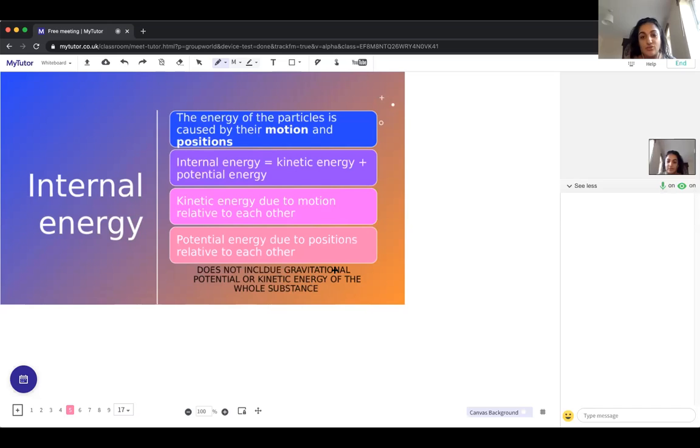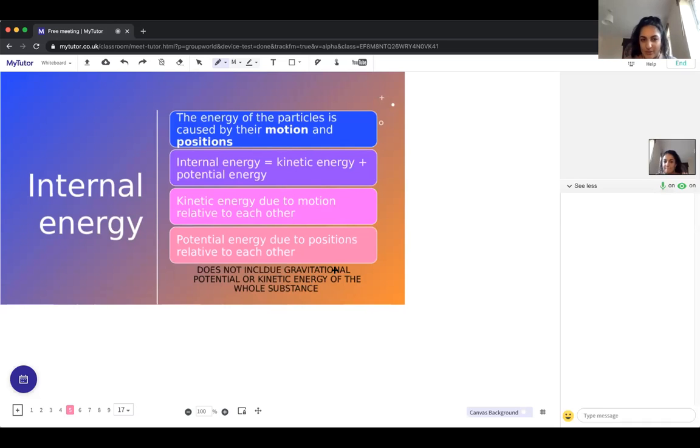Note that this does not include the gravitational potential energy that the solid, liquid or gas might have, and it does not include the kinetic energy of the whole substance.